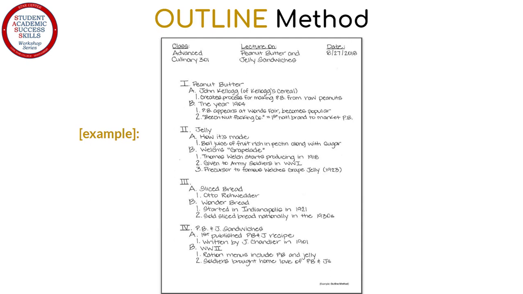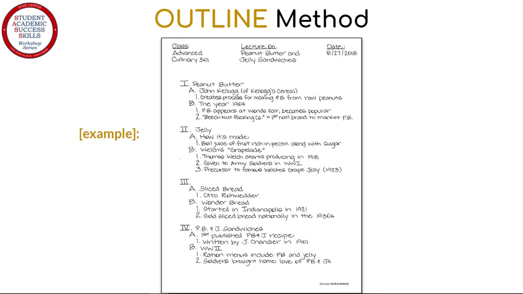Here on your screen is an excellent example of someone who used the outline note-taking method to take notes during a fictitious culinary class on the subject of peanut butter and jelly sandwiches. If you're following along with your printed out PDF handout, you'll find this image on page 2.